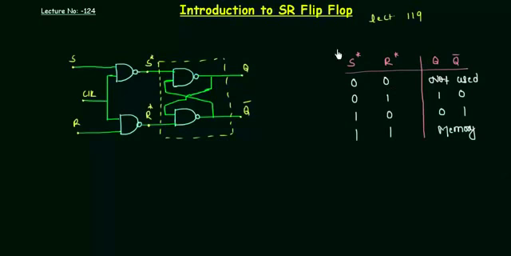Before proceeding with this presentation, it is very important that you complete lecture number 119, because in that presentation we found the truth table for the SR latch with NAND gate and the SR latch with NOR gate, and I have already written the truth table for the SR latch with NAND gate. If you are wondering how these outputs Q and Q complement are calculated here, then you must watch lecture number 119.